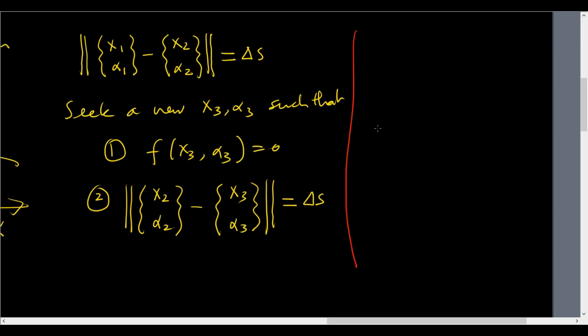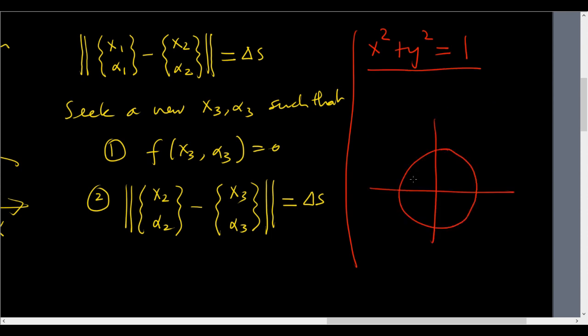Let us say x squared plus y squared equals 1. This is one equation. As you are well aware, this is a circle of radius 1, but what we will do is we will treat this variable x as alpha, and so this is the unknown.